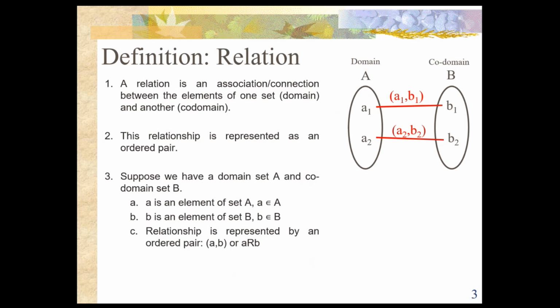This relationship can be written as an ordered pair. Example, A1, B1 is the first ordered pair connecting element A1 to element B1. The second ordered pair in this example is A2, B2, connecting element A2 to element B2.